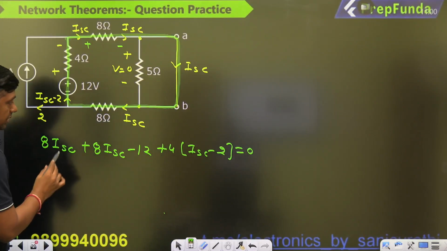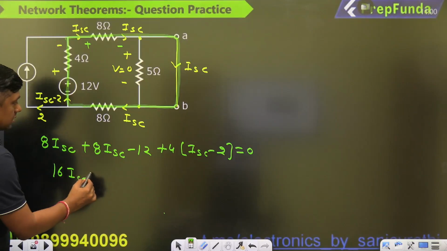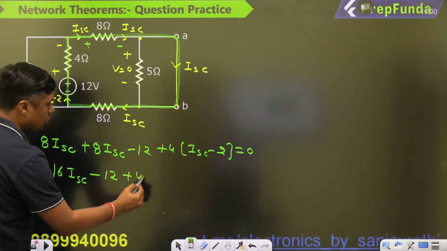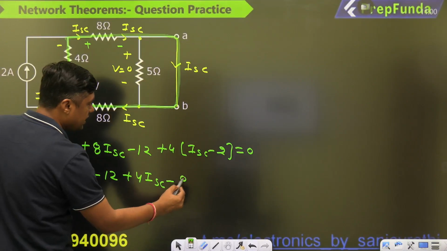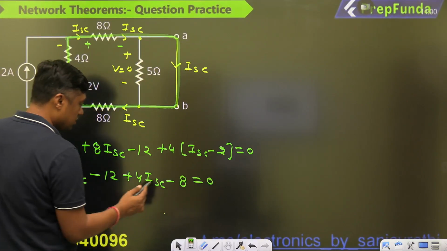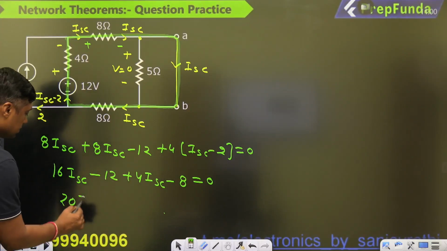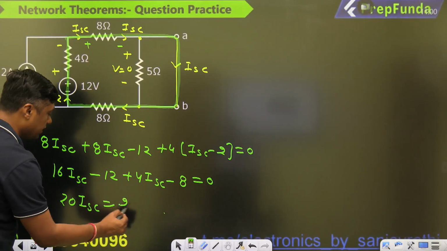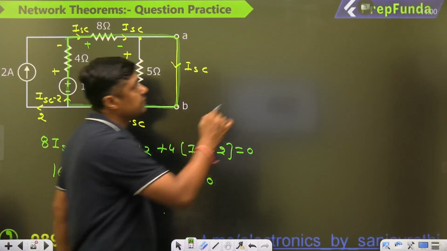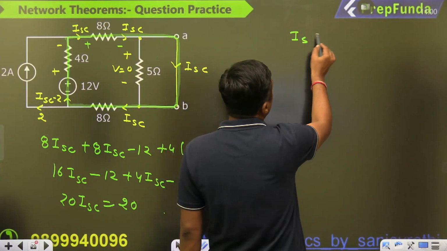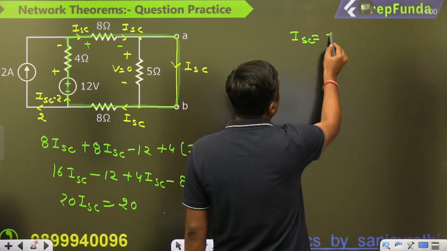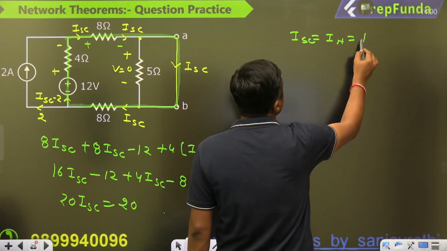Then it becomes 16 ISC minus 12 plus 4 ISC minus 8 is equal to 0. Then 8 and 20, this will become 20 ISC. 20 ISC is equal to 20, and that's why ISC is equal to 1 ampere. Norton's current or short circuit current is 1 ampere.